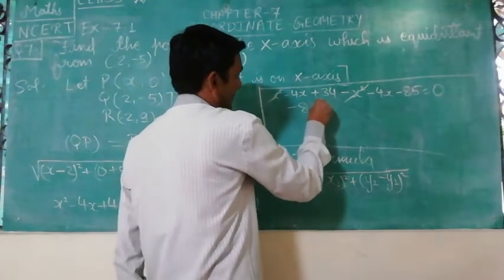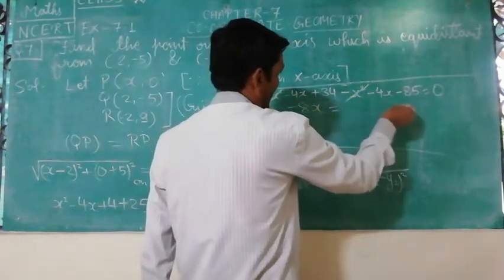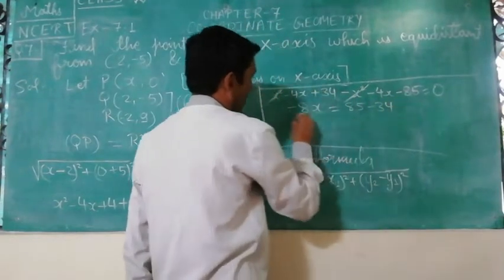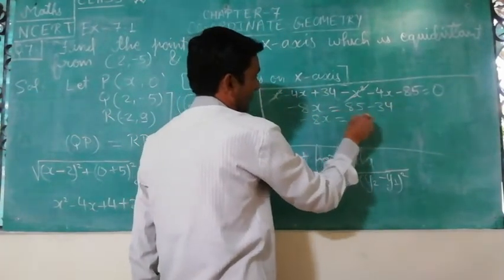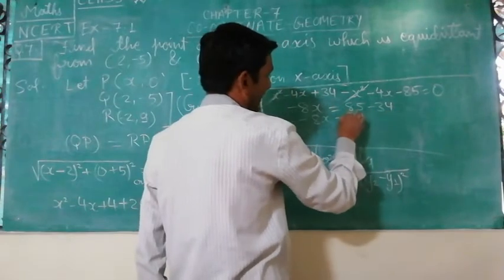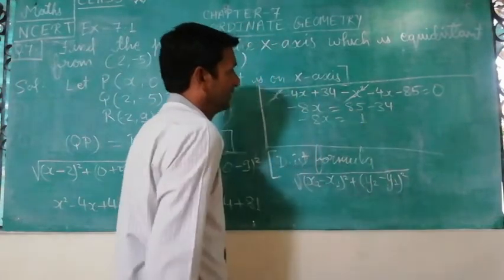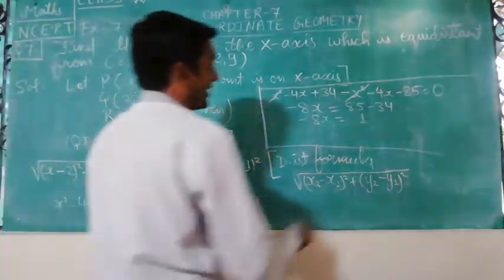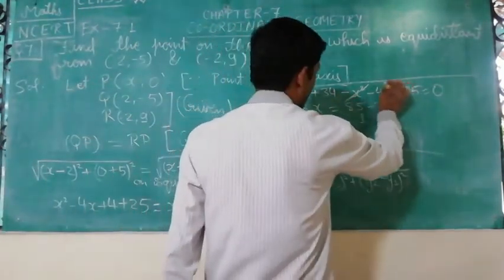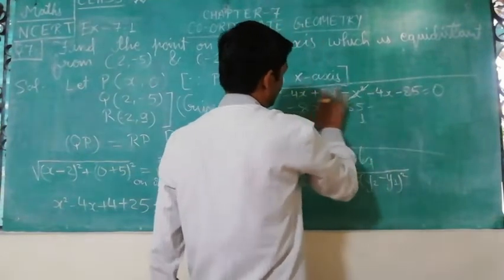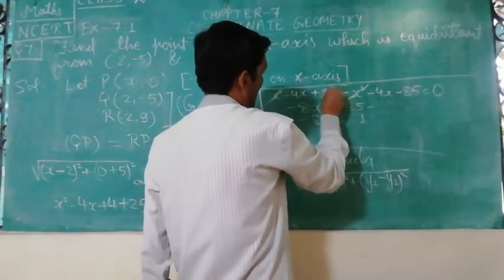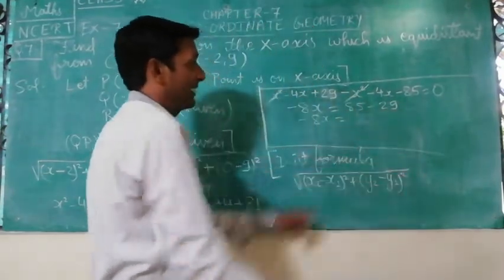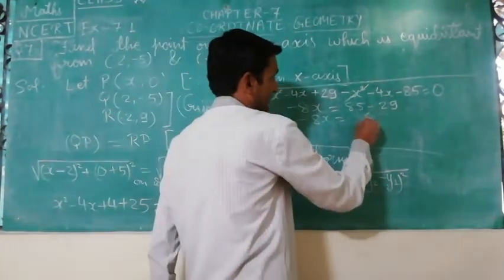Minus 8x is equal to 85 minus 29, so 15 minus 9 is 6, and 7 minus 2 is 5.